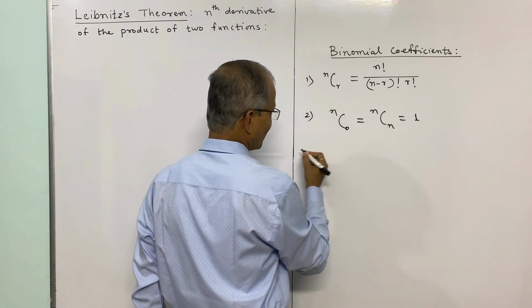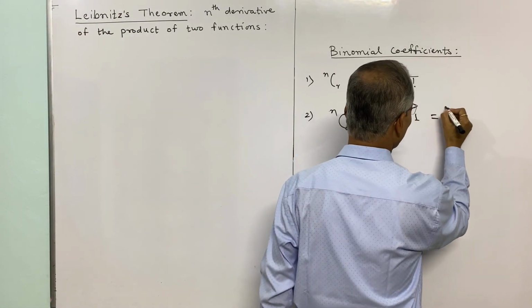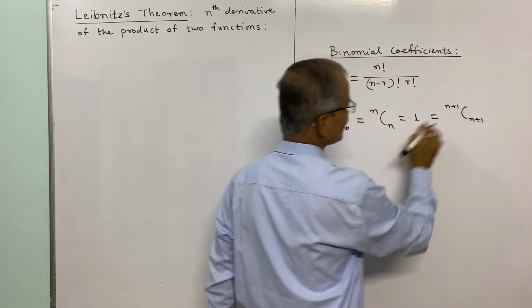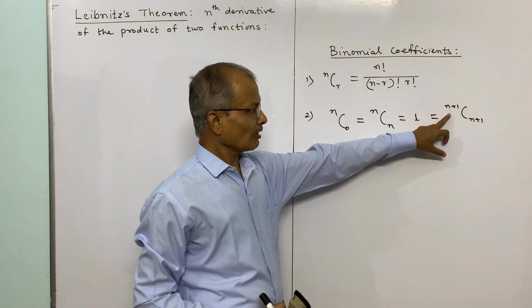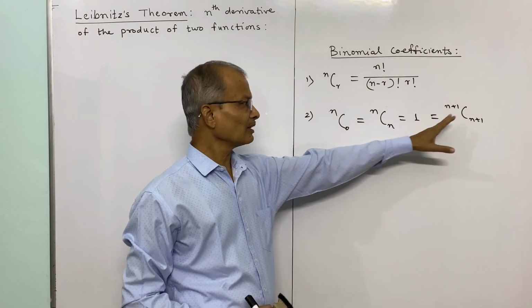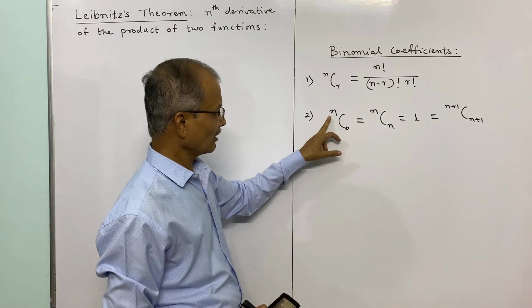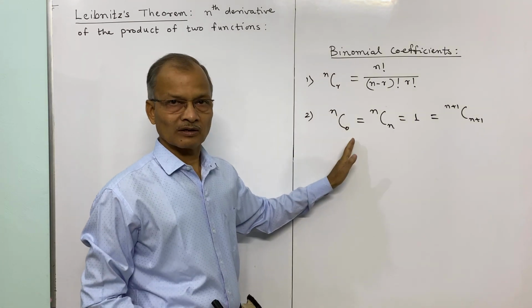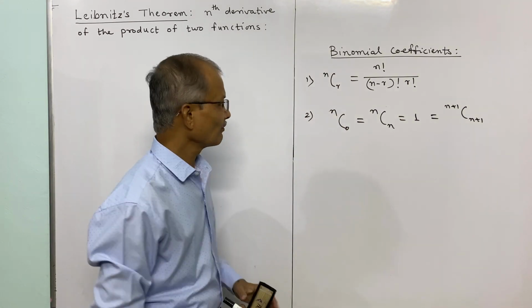Further, this may also be written in the form n plus 1 choose n plus 1. If the total objects and selected objects are equal, then the value is 1, and nC0 is also 1, or n plus 1 choose 0 is also 1.